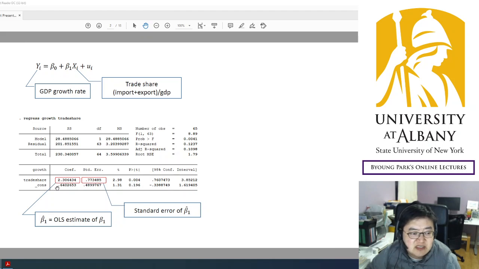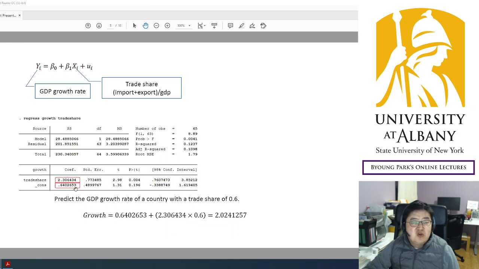So the intercept is 0.64 and the slope is 2.30. And so using those two numbers estimated results, you can predict the outcome variable GDP growth rate in this example using a specific value of a trade share of the regressor.